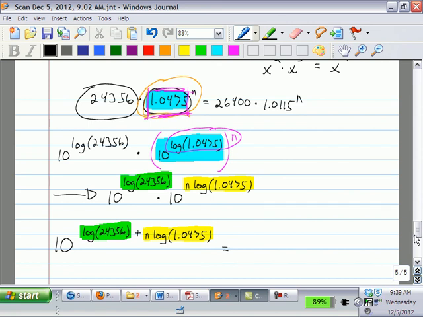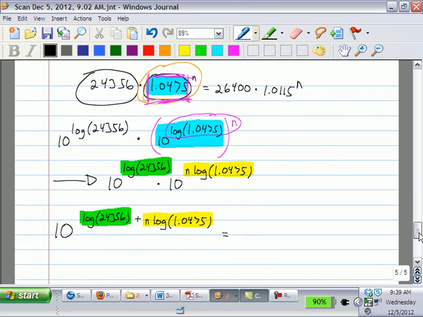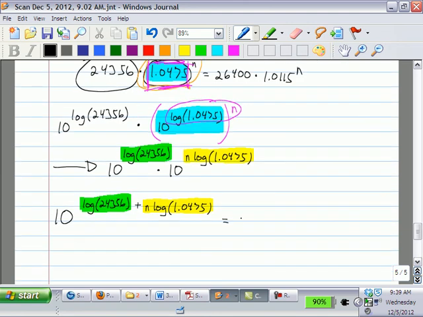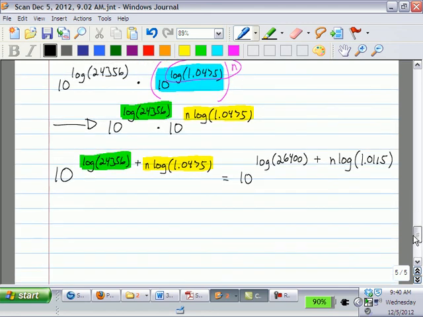We did the same with the right-hand side. Okay.